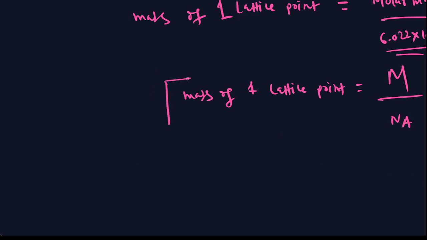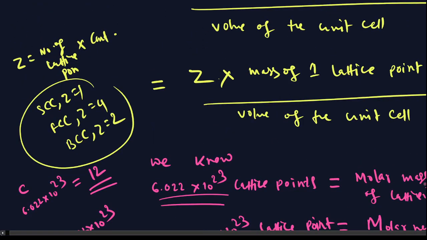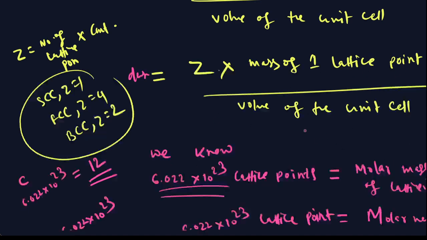So if I put this here, we say that density is equal to Z into the mass of one lattice point upon the volume of the unit cell.